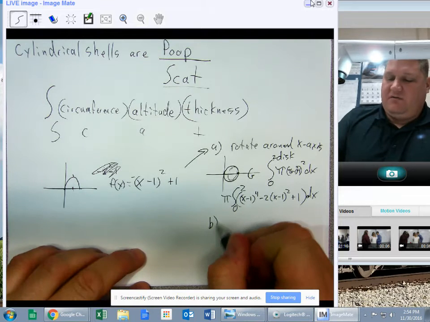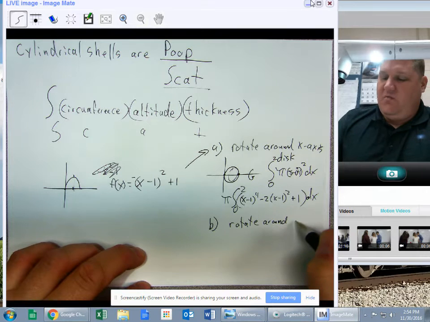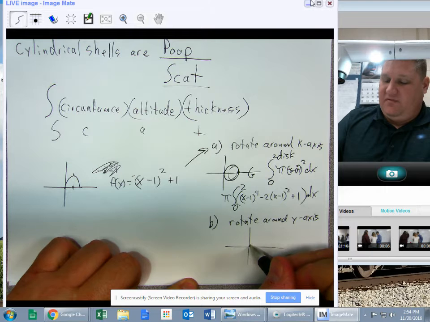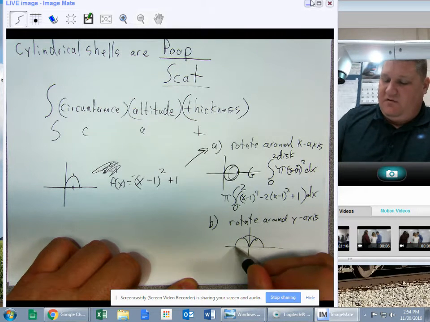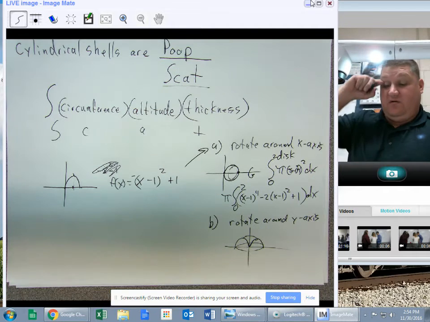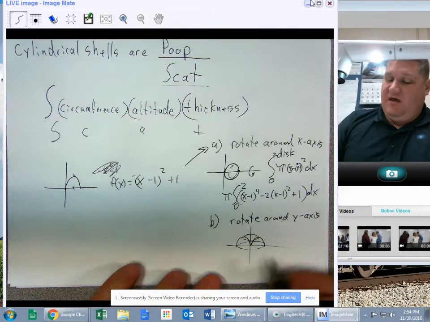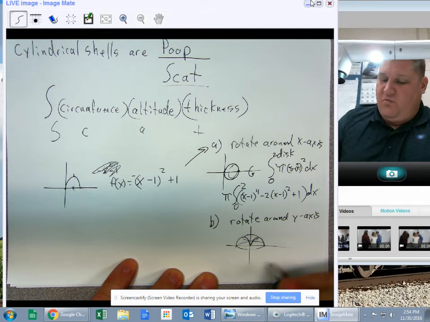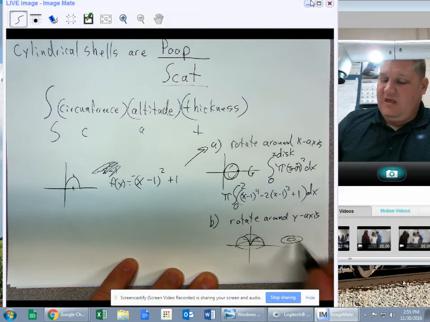Now, if I want to go around the y-axis, let's rotate around the y-axis. In this case, I would end up with this shape here and this shape here, and we would try to rotate it around like this. Okay, we have a number of problems. First of all, if I attempted the disk method here, each one of these would be a washer, and I would have to do outside radius and inside radius.